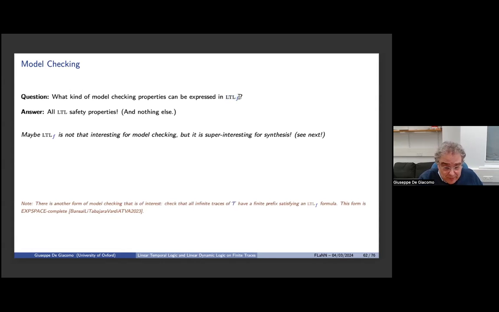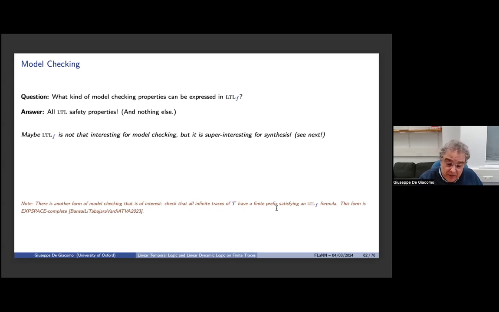However, there is also an interesting observation: a recent paper by Summa, Balzal and others shows that on the other end there is a secondary model checking property. The secondary model checking property is to check that over all infinite traces there exists a finite prefix that satisfies an LTLf formula.